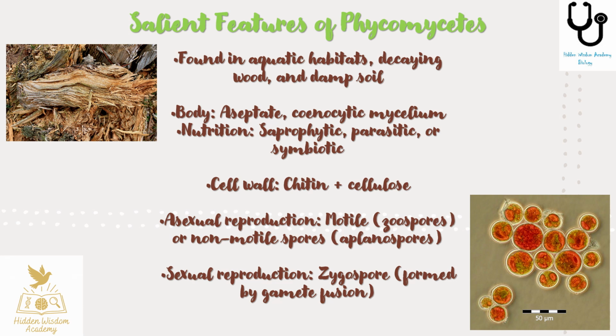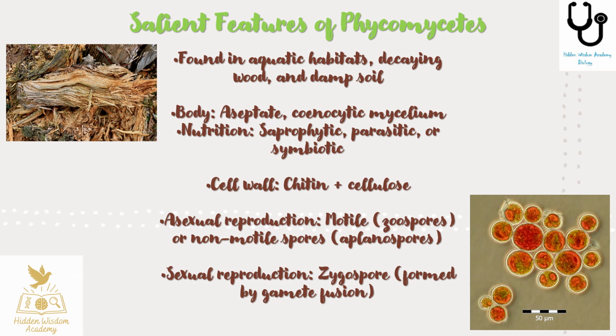Now, let's look at the salient features of Phycomycetes, the simplest group of true fungi. They are usually found in aquatic habitats, on decaying wood in moist conditions, or in damp soil. Their body is made up of aseptate, cenocytic mycelium. In terms of nutrition, they may be saprophytic, feeding on dead organic matter, parasitic on plants, or even symbiotic.